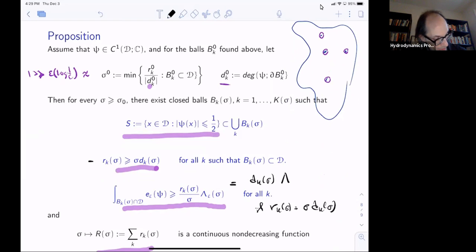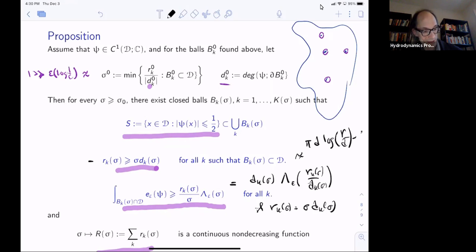And we have lambda of R. Okay, and so this is like pi times d times log of the radius over the degree minus a constant, because that's what this capital lambda is like. Radius over degree times epsilon.